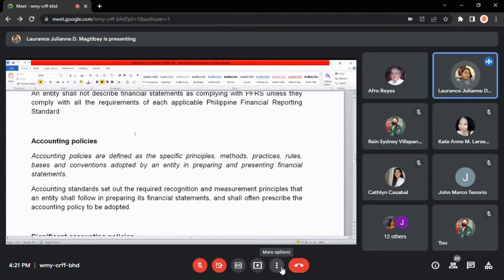Accounting standards set out the required recognition and measurement principles that an entity shall follow in preparing its financial statements and shall often prescribe the accounting policy to be adopted.